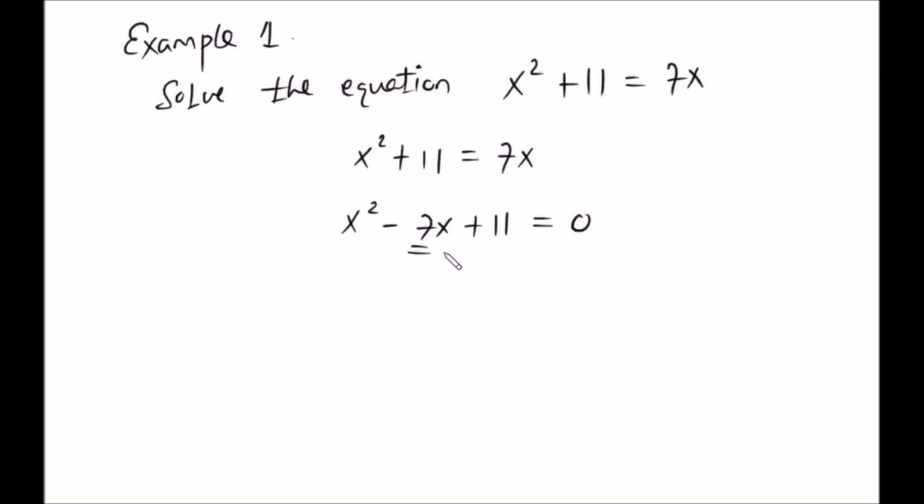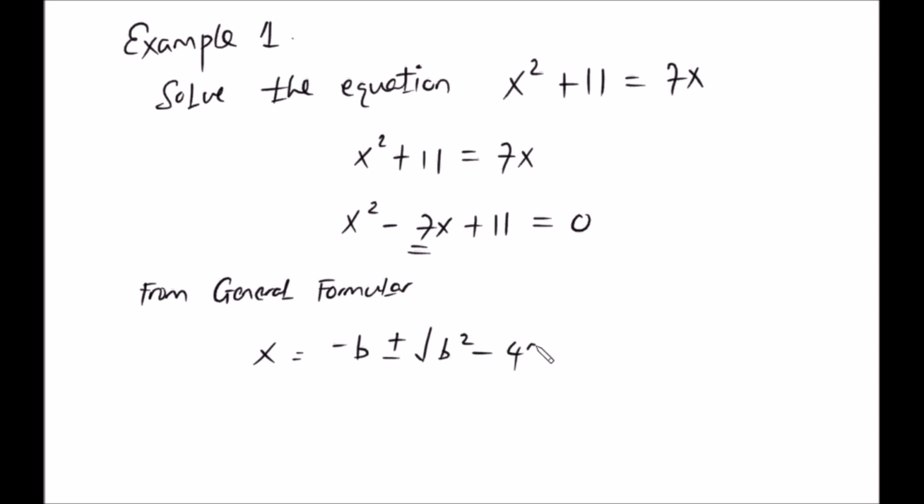So tukisema to split the middle term hapa takesha, so we're gonna use what we call the general formula ambayo inasema x ni sasa na negative b plus or minus, so this is b squared minus 4ac over 2a.